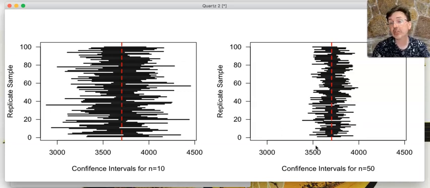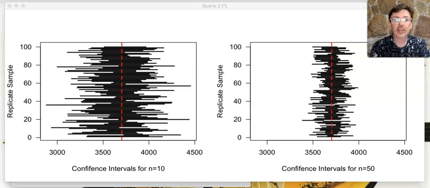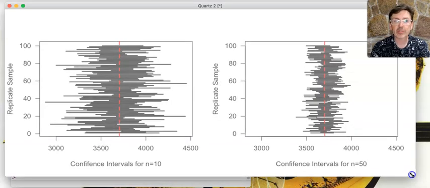Bigger sample sizes, less uncertainty, because we're able to estimate the mean more accurately. We're much less impacted by small stochastic events. With 10 penguins, 1 super big penguin will throw the whole thing off. In 50, 1 super big penguin won't have as big an impact. So that talks a bit about confidence intervals.